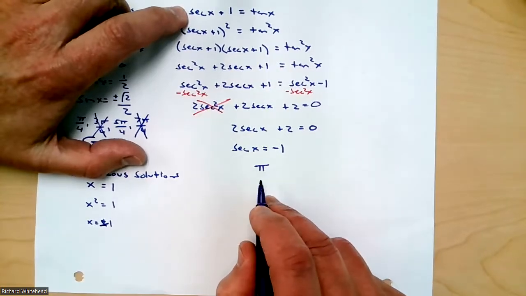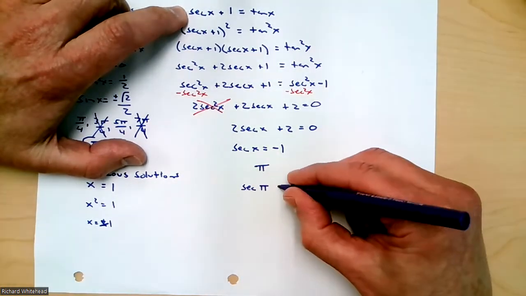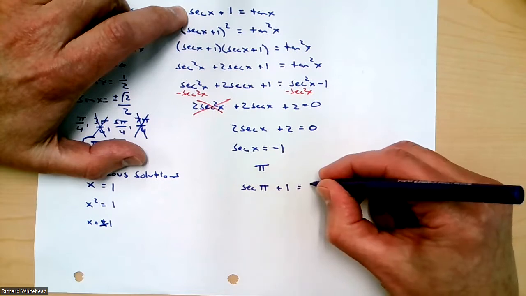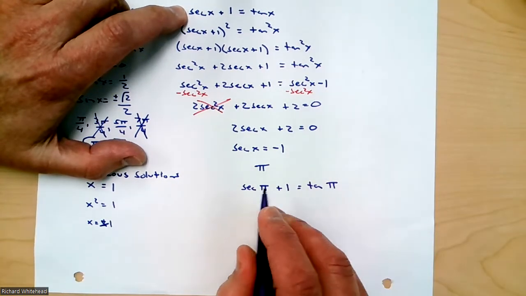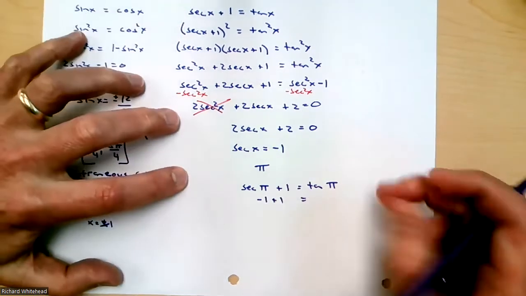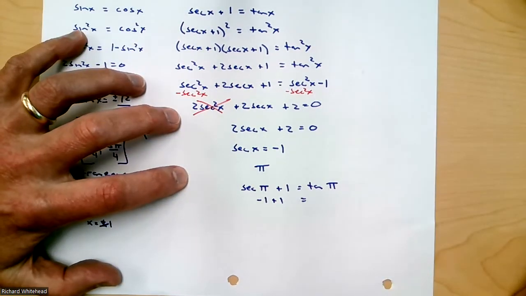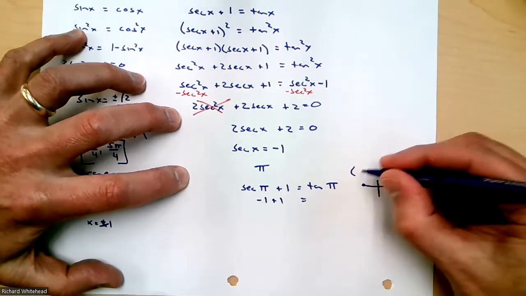But then we really need to check our solutions. So if I said secant pi, because we squared both sides, I need to check my solutions. Okay, so let me see. That would be -1 plus 1. Okay, what's tan of pi? And this is where everybody gets upset. Oh no, I gotta remember my unit circle again.